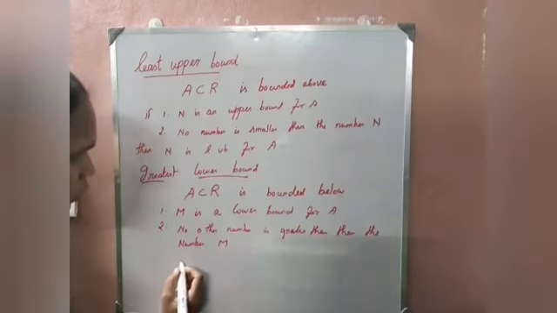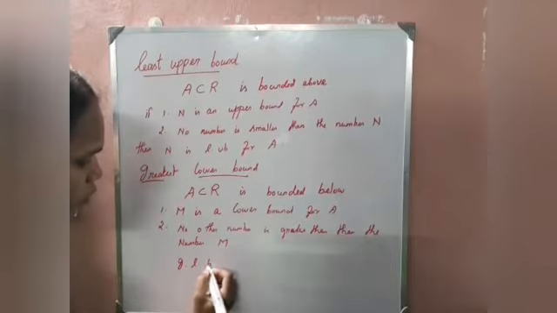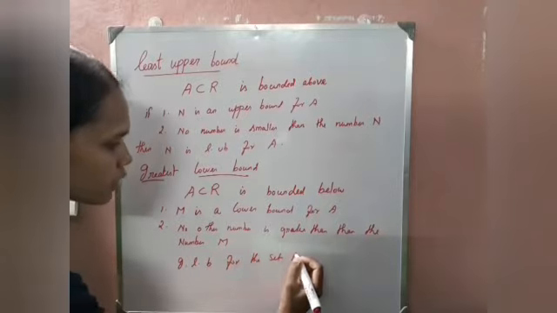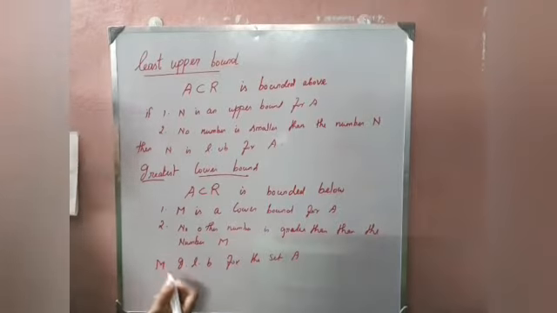Then we call m the greatest lower bound for the set A.